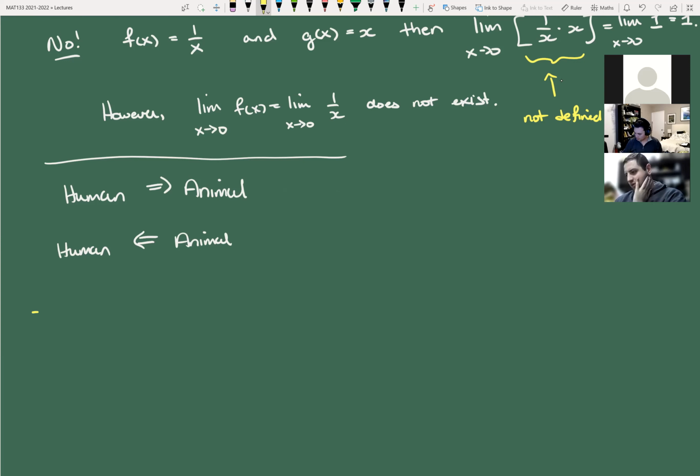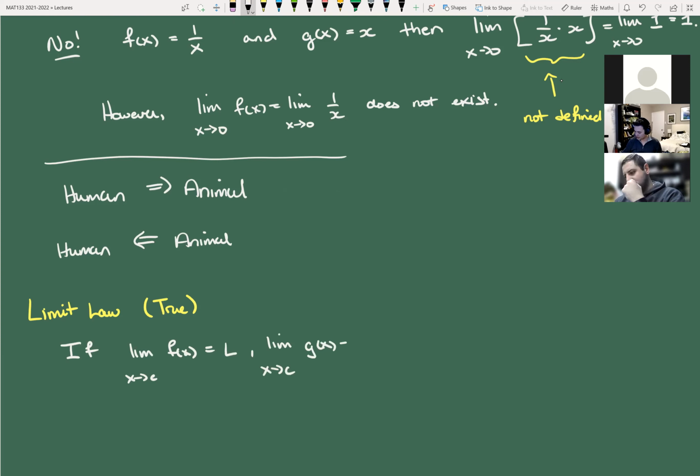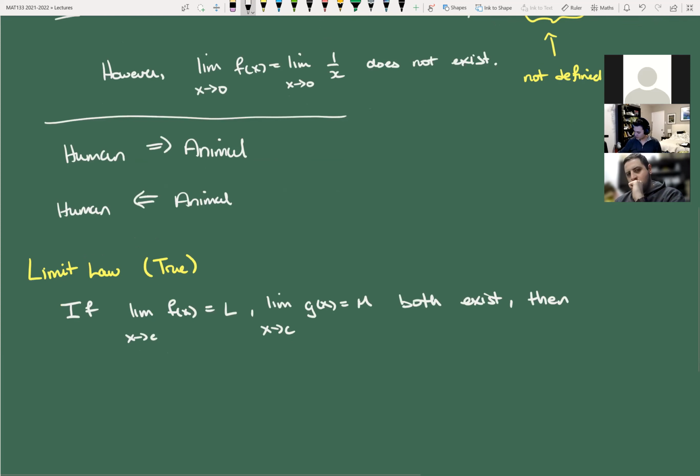All right, so here's what the limit laws say. The limit law, in this case, and this thing is true: if the limit as x approaches c of f of x is equal to L exists, and so when I say that they're equal to things, I'm saying both exist, then the limit of their product can be computed as follows.